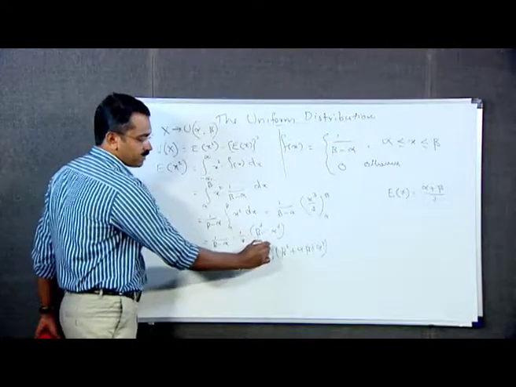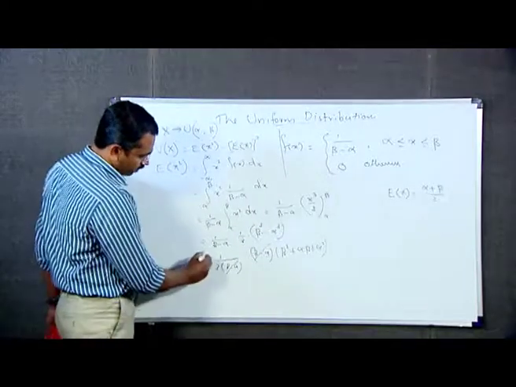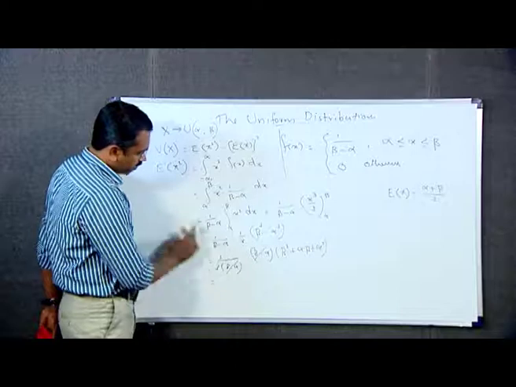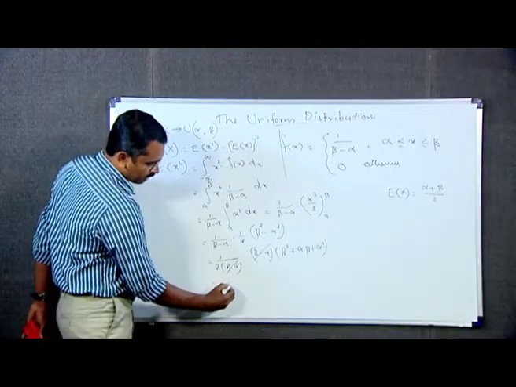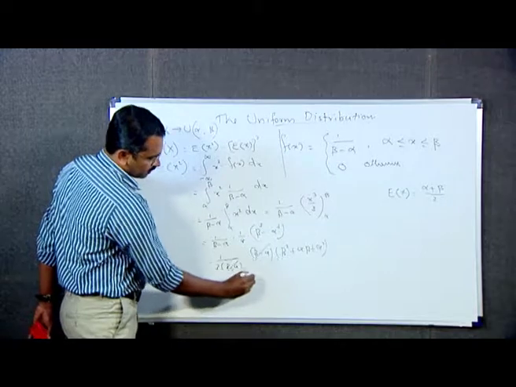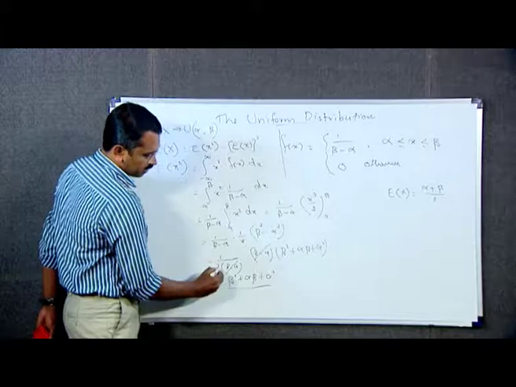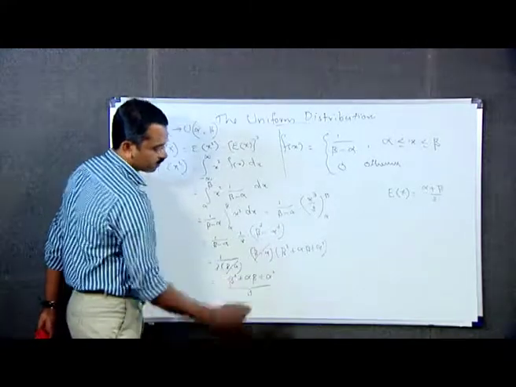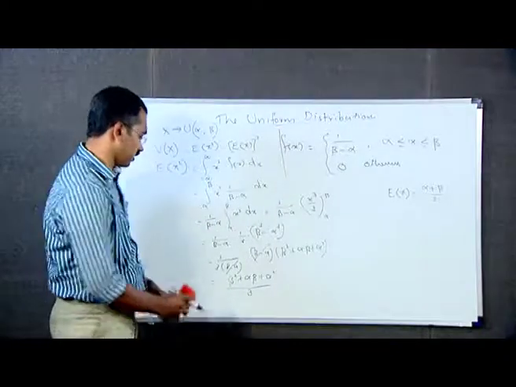Therefore, this beta minus alpha and beta minus alpha cancel, and E of x square is equal to beta square plus alpha beta plus alpha square divided by 3. This is the expectation of x square.